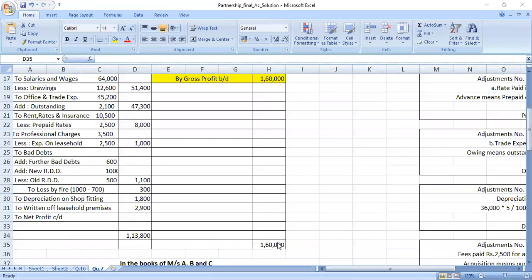From the credit total, deduct the debit total, so you will get the net profit. 1,60,000 minus 1,13,800. So net profit is 46,200. Net profit 46,200.